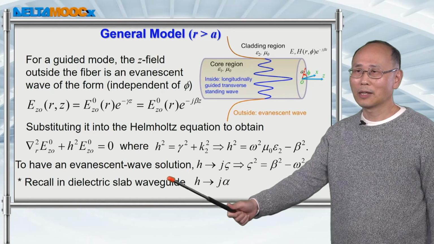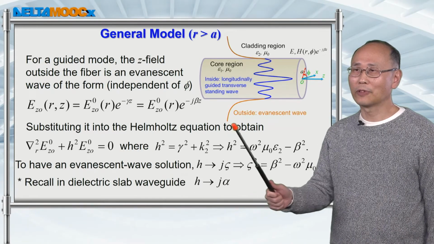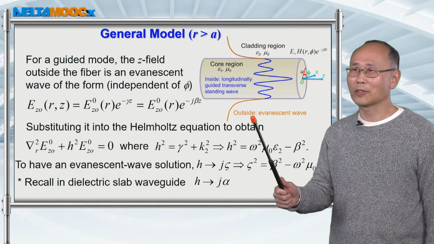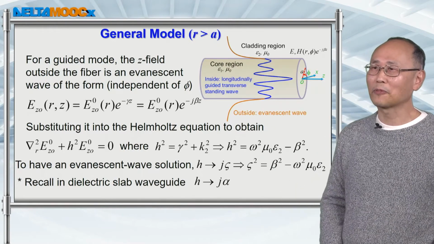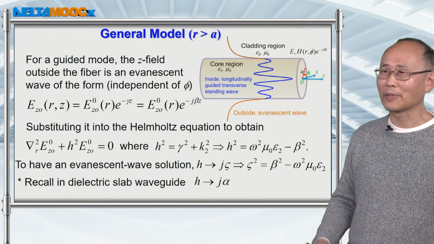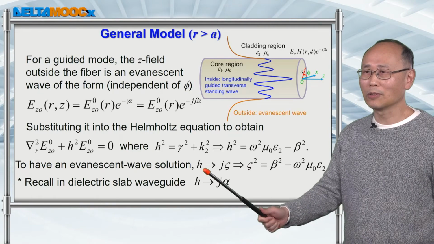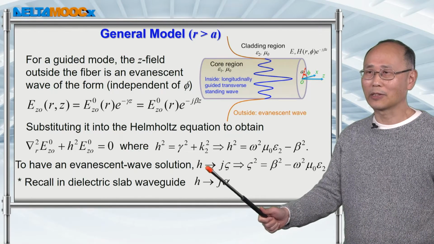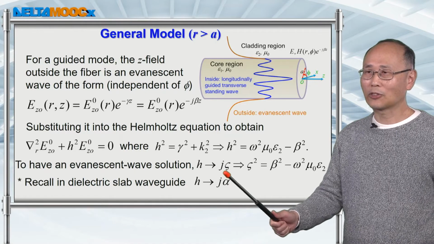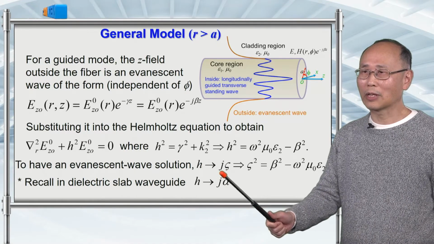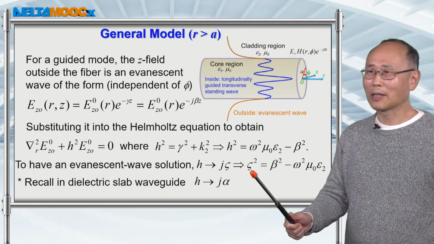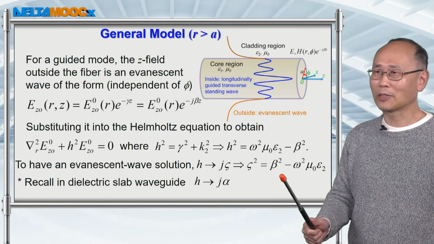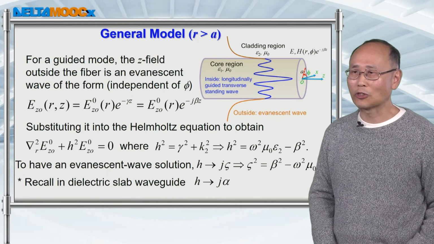Now, you have to pick the right solution for the field outside the core, because the field outside the core comes from an evanescent wave. This means that you need to choose an imaginary number for the eigenvalue along the r direction. Let's denote h equal to j zeta, so that you have such a dispersion relationship.